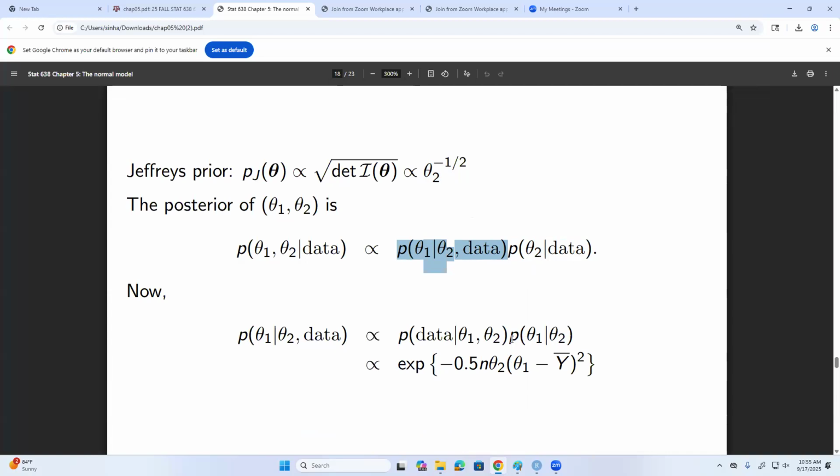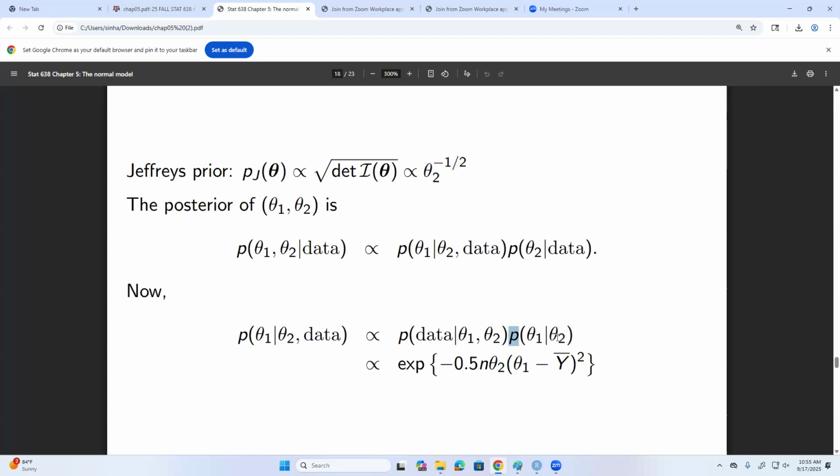What is the conditional prior of theta 1 given theta 2? Simply 1. Because your joint prior distribution of theta 1, theta 2 is theta 2 to the power minus half, the conditional prior of theta 1 given theta 2 is 1.